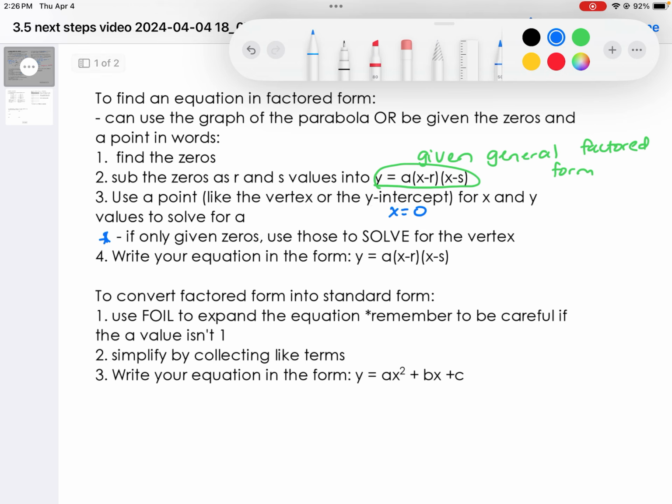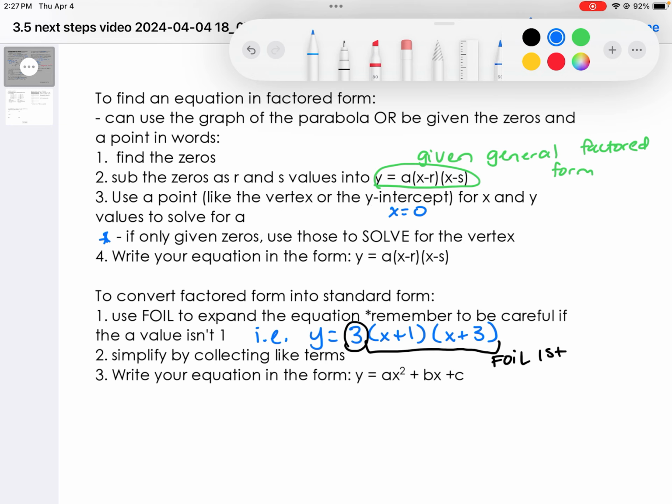Once you have factored form, you're going to FOIL to expand the equation, and be careful if the a value isn't 1. So we practiced some of those, like if you had something like this, I encouraged you to use FOIL first on the 2 brackets, then distribute the 3, okay?